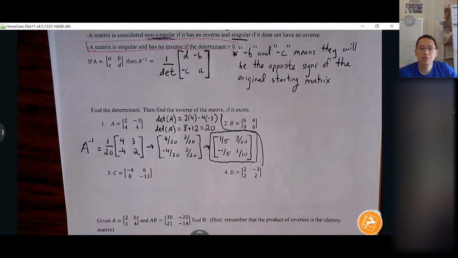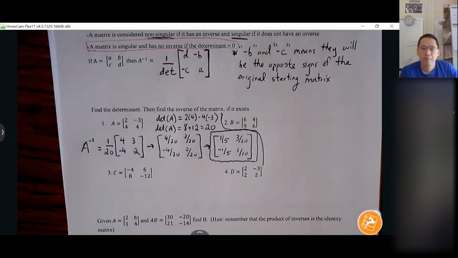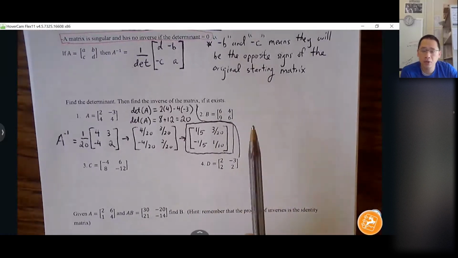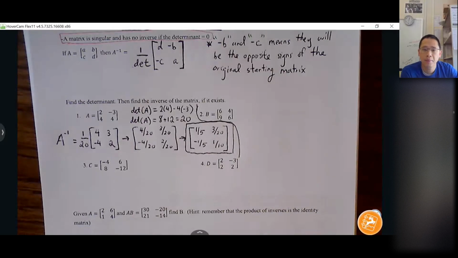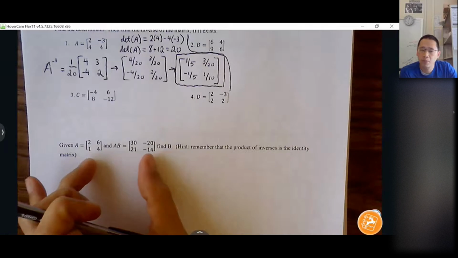Okay, multiple steps involved in finding an inverse. Any questions so far? No, sir. Okay, we're going to take our time with this. I know that there's a lot going on, so I'll go through each problem step by step. The problem here at the bottom is a little bit more involved.